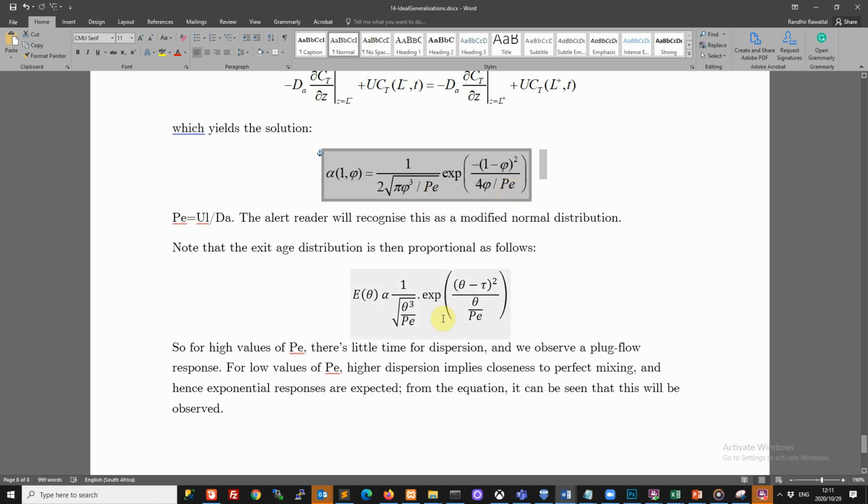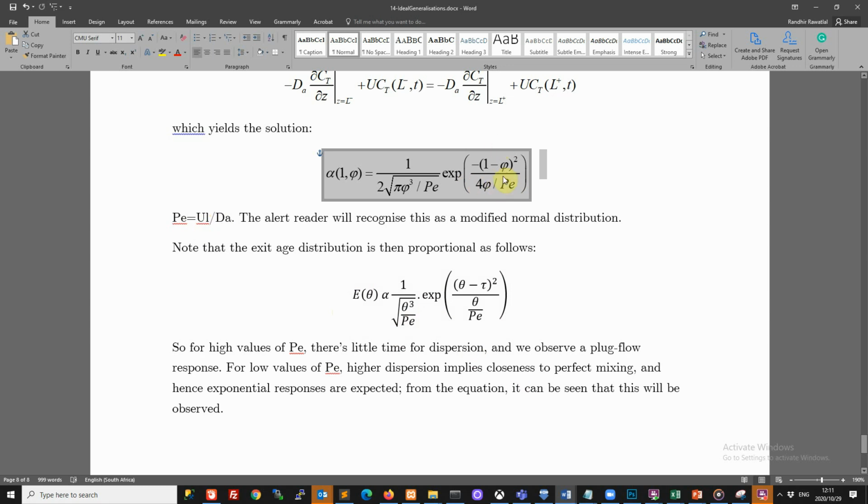And if you apply a Peclet number that is large, so if Peclet is a high value, then that means you'll have a high convection rate compared with dispersion. That means your system won't have much time for dispersion to happen, and you'll find that this equation gives you basically plug flow behavior.